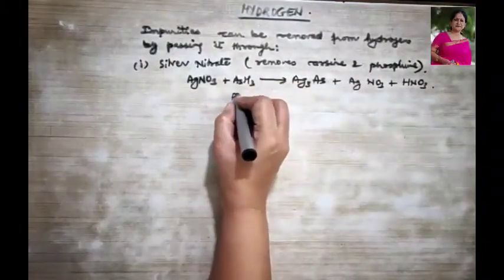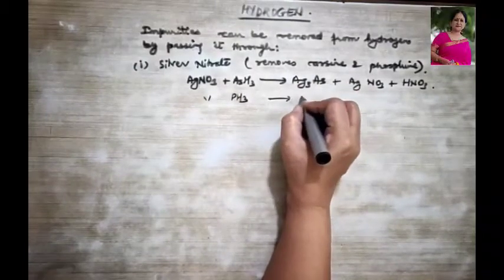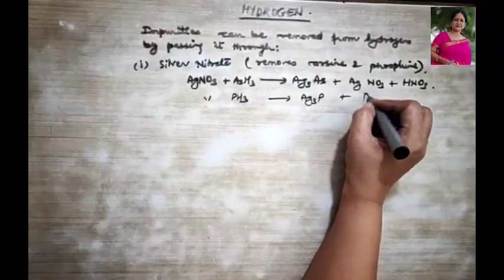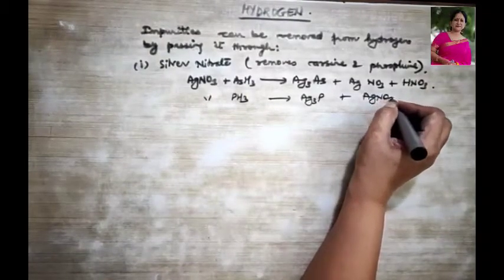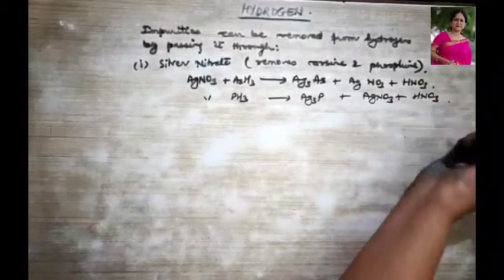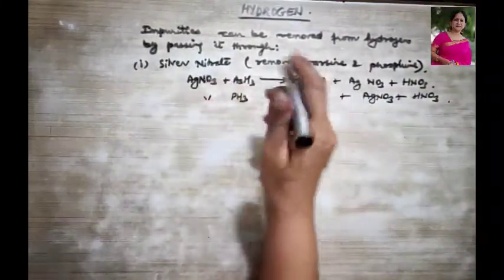Okay, even with PH3, this silver nitrate is going to form what? Silver phosphide, plus some part of AgNO3 will be left unreacted, and HNO3 will be formed. Let me balance the equation.